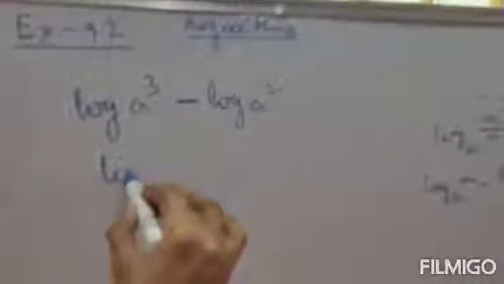Compare: log a to the power 3 minus log a to the power 2 is like log a to the power m minus log a to the power n. So m and n are divided, and we write log a to the power 3 divided by a to the power 2.